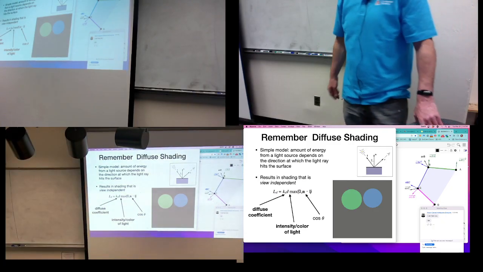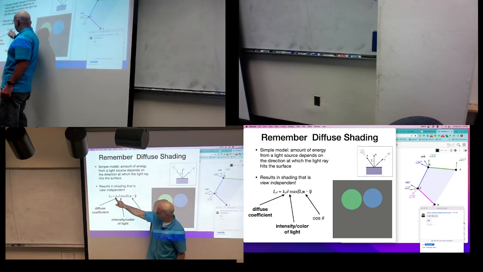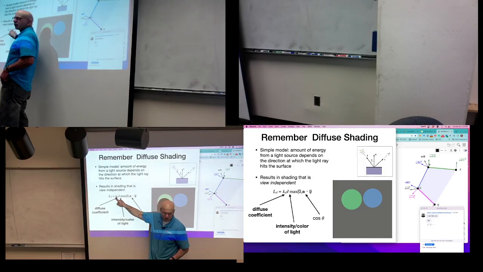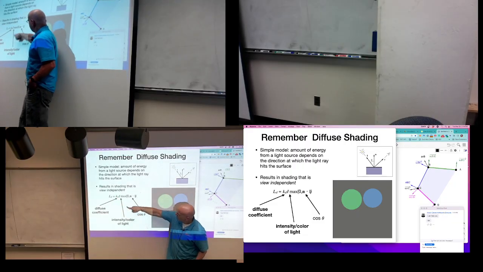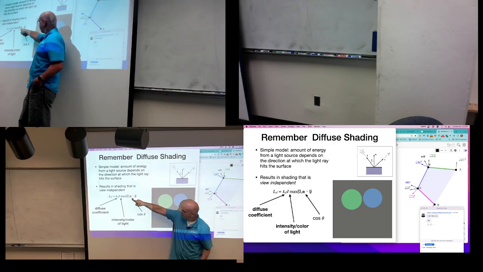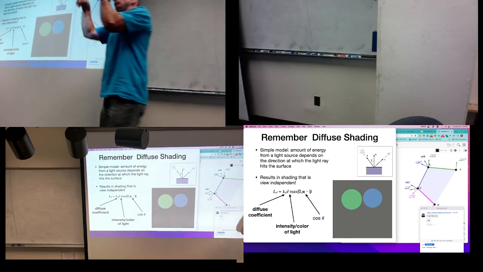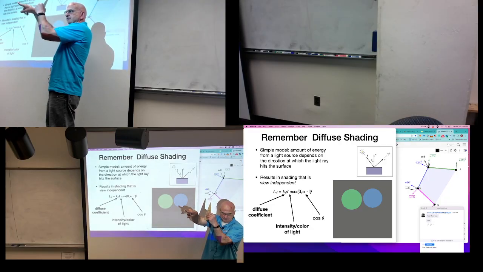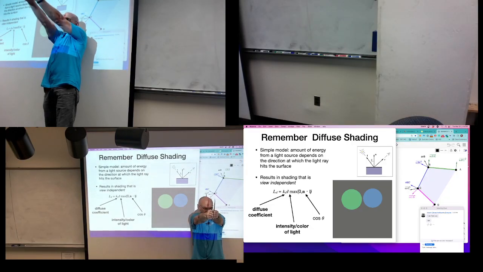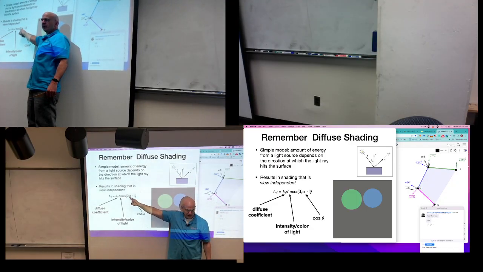Just to remind you, diffuse shading, how does it work? You have some coefficient that depends on how much red, blue, green you have on the surface of the object. In the homeworks, you can use it as the ambient color, times the dot product, that is a cosine of the angle between the direction to the light and the direction of the normal. If this angle is 0, then you are getting this number to be 1.